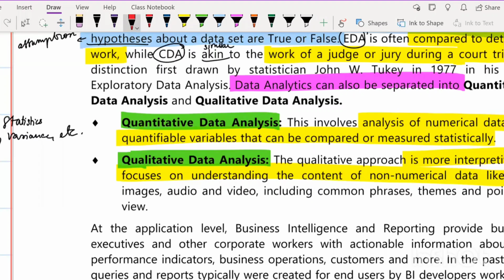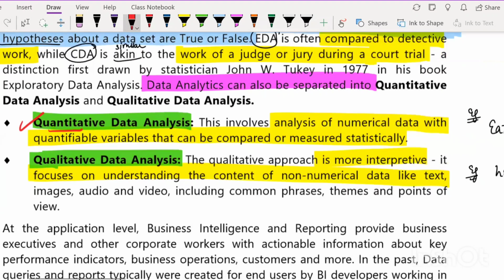The first is quantitative data analysis. Quantitative data analysis, as the name itself suggests, makes use of quantities, or we can say numericals. Using the numericals which are there, we are going to analyze the data.